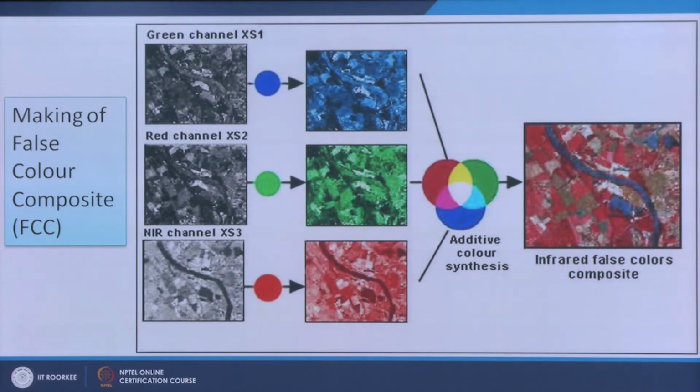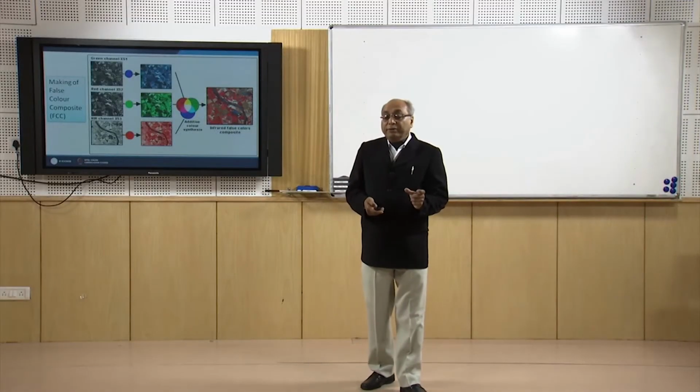Now as you can see, in a standard false color composite, vegetation will always appear red. The more healthy and dense the vegetation, the more red color you will see, whereas water bodies or bare soils will have different colors. This is a very standard practice of creating false color composites, especially when we had a limited number of bands.